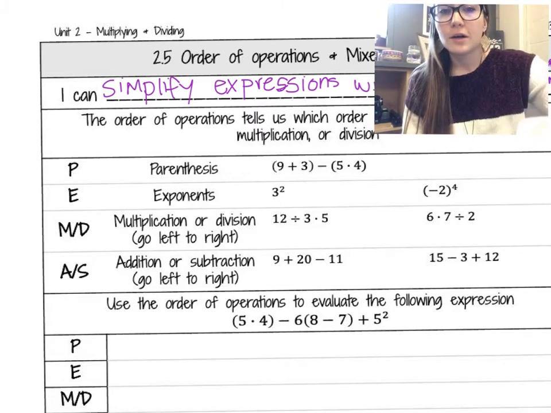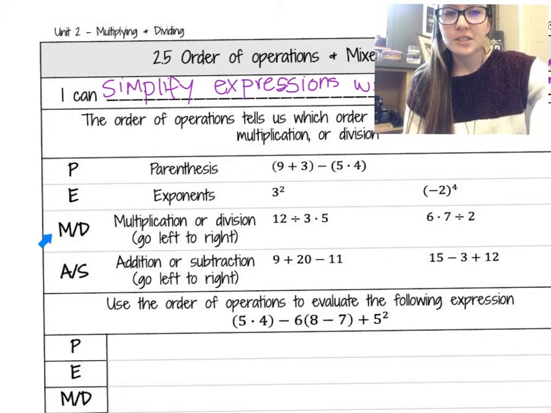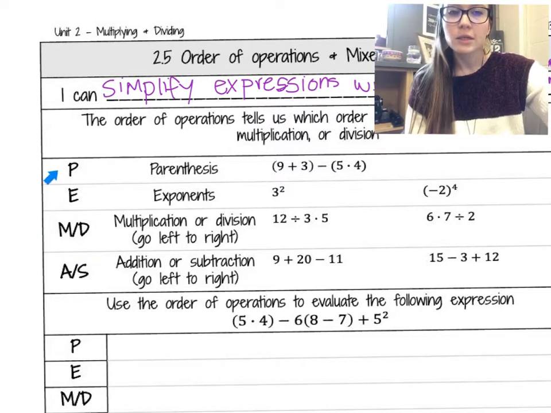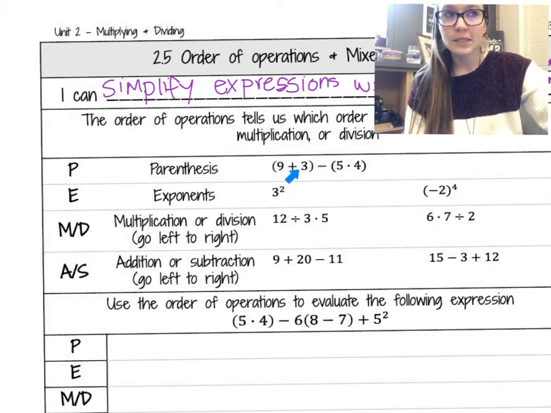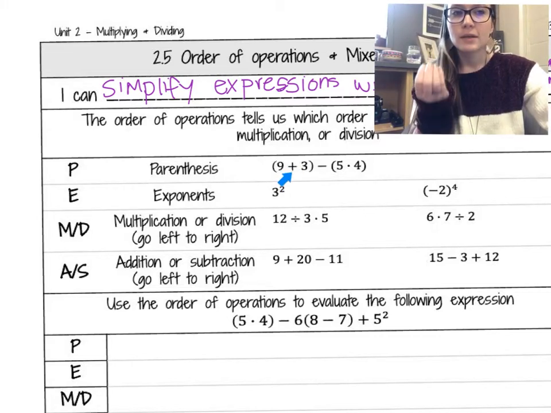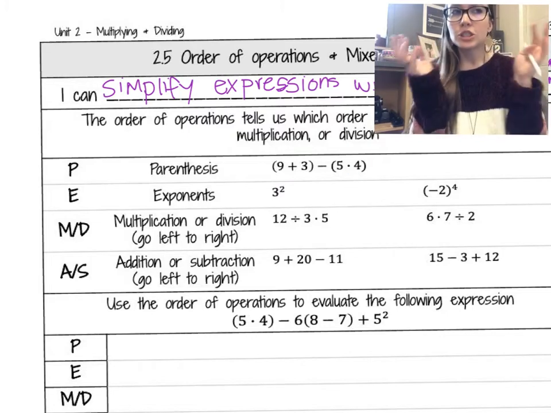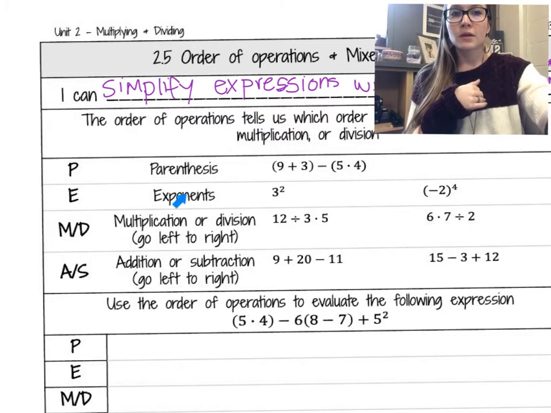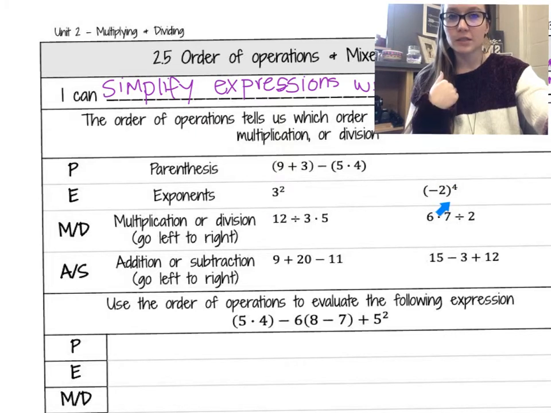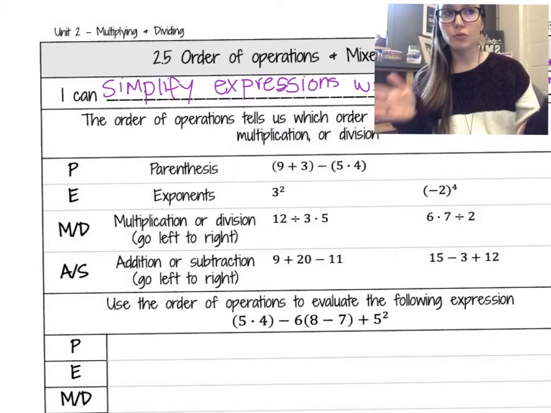So, our order of operations can be remembered with the acronym PEMDAS. Okay, so parentheses. If something is in parentheses, like adding in parentheses or multiplying in parentheses, you do that first. Then you're going to do exponents. So if you have any exponents, use those. Then you're going to do multiplication or division, left to right.